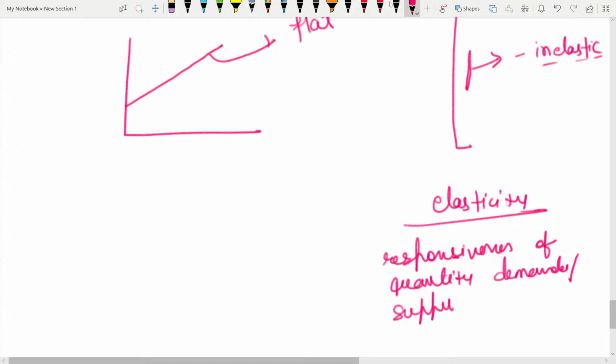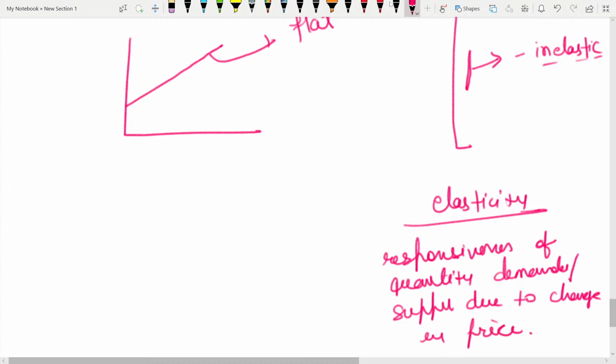If I mention demand, then I will write demand. So this is elasticity.